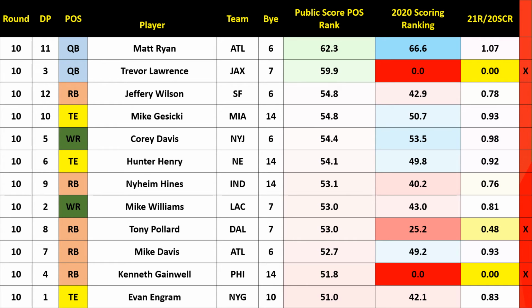Matt Ryan is a fine QB1, I think. Even if Julio leaves, I think with the tight ends, he will do well. Trevor Lawrence, I think I'll let you draft him. Gesicki is great.